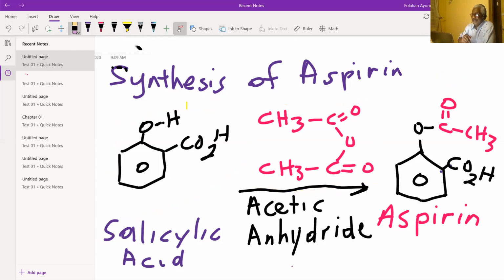And what is actually happening here? If we take a closer look at this process, we will find that this hydrogen here in salicylic acid will be replaced by this group from acetic anhydride to form our aspirin.